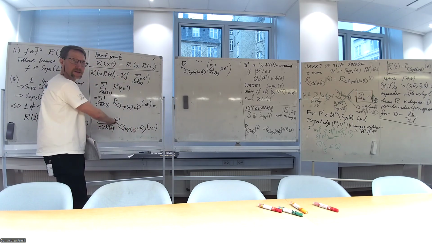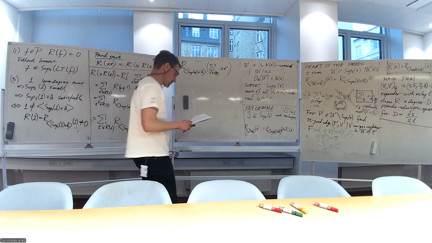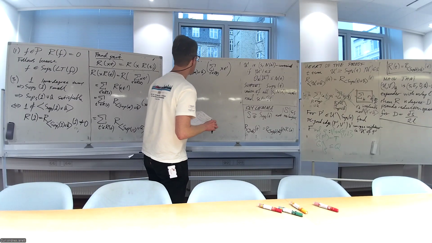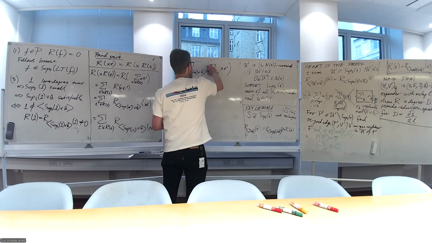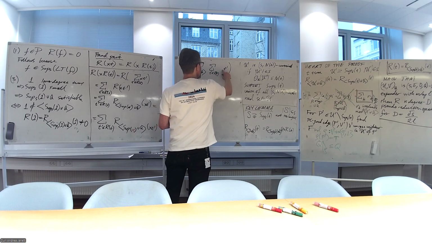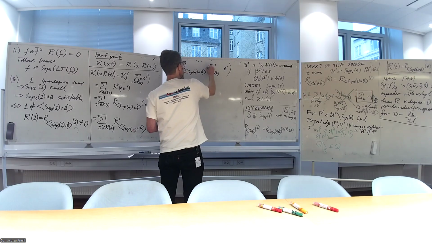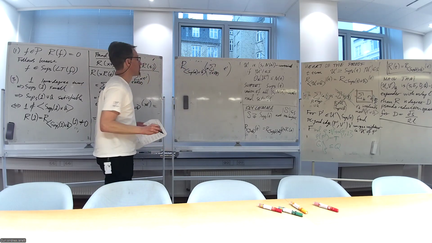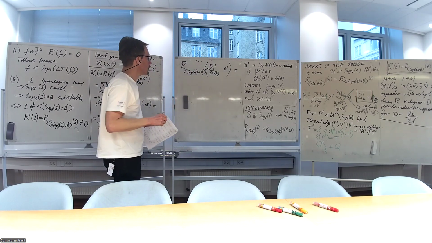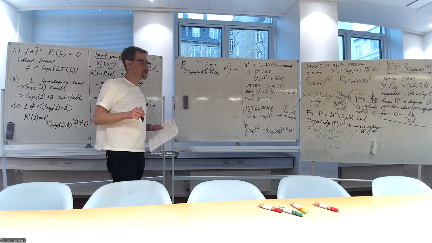This is just by linearity because standard polynomial reduction is linear. Let me actually pull x out, put it here. Do you agree with me that I can do this?